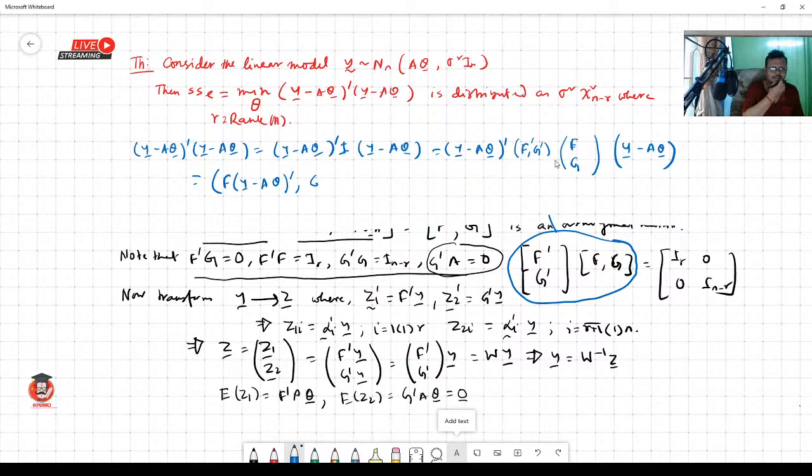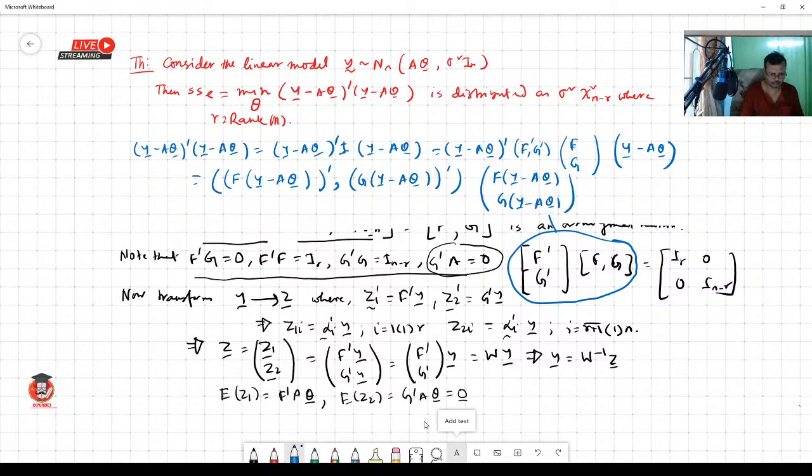So then this is equal to f (y minus Aθ̃) whole prime, g (y minus Aθ̃) whole prime, f (y minus Aθ̃), g (y minus Aθ̃).